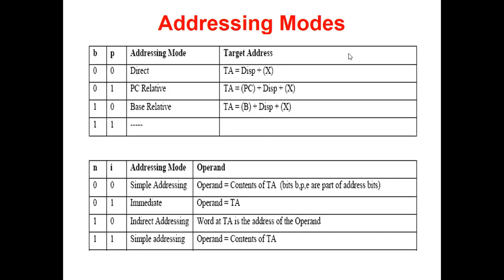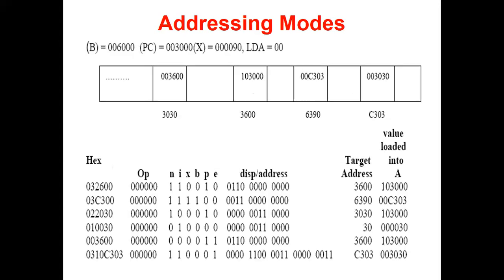Remember, we said that with the indirect addressing, the contents of the target address is the address of the operand. And then N1, I1, that is a simple addressing. It is the contents of the target address which we pick. Now, you will understand better with an example.